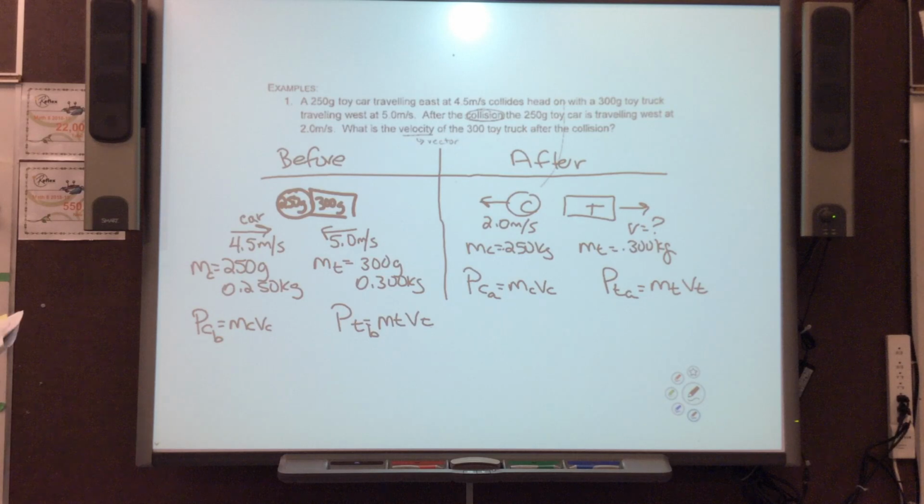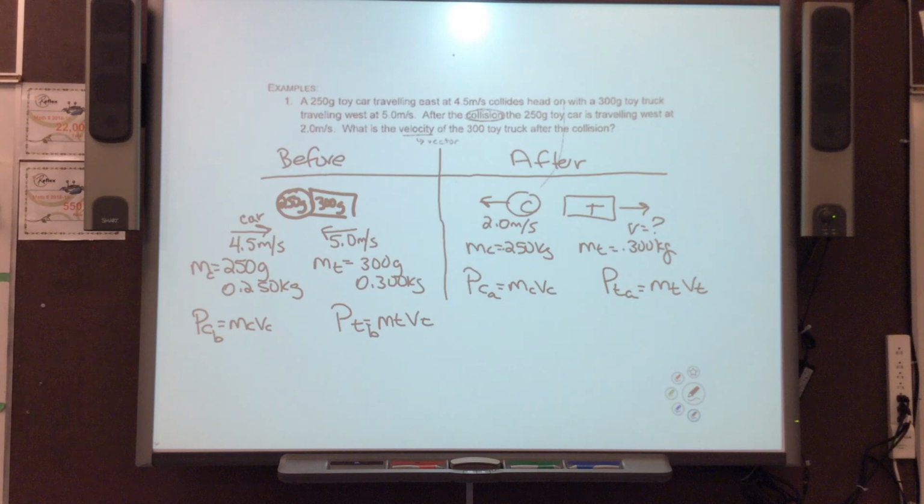What's something else that we need to pay attention to, because it's asking us for a velocity, which we know to be a vector quantity. We do need a direction, and how do we indicate direction without saying east or west? How do we indicate west, down, left, without using those words?